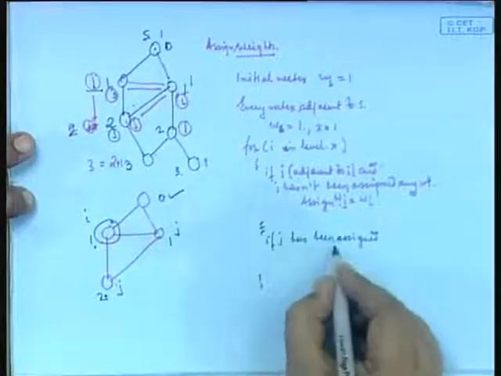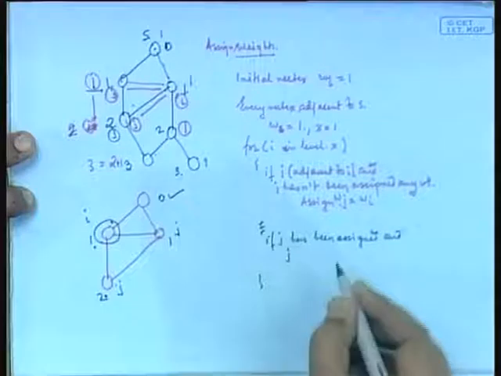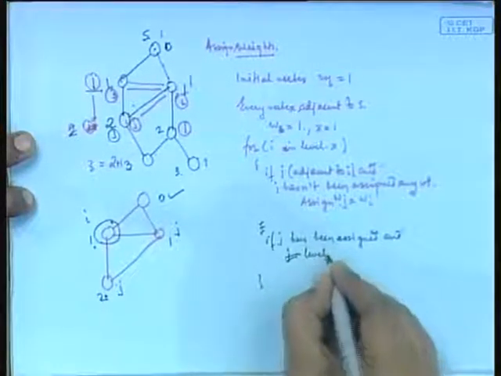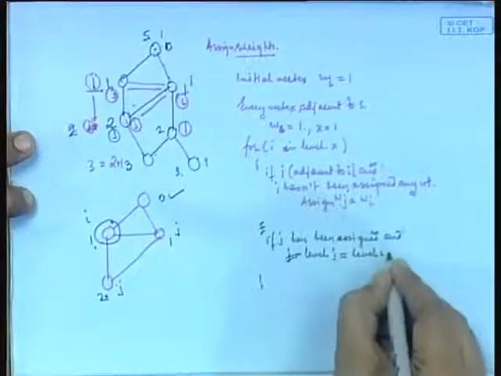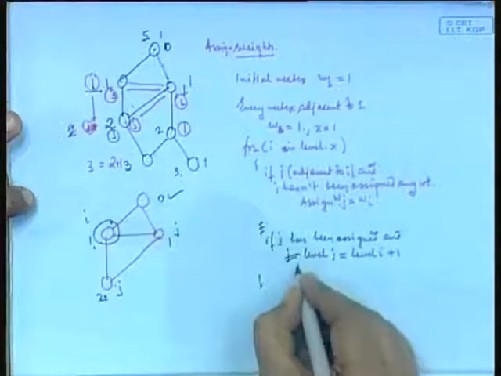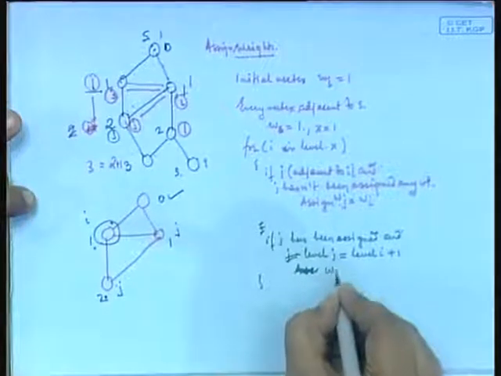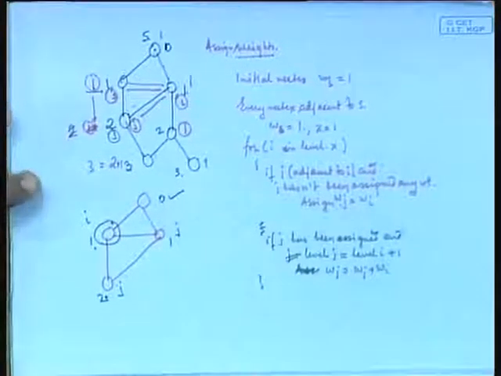So, if j has been assigned and level of j equal to level of I plus 1, only in that case you assign weight of j becomes weight of j plus weight of I.